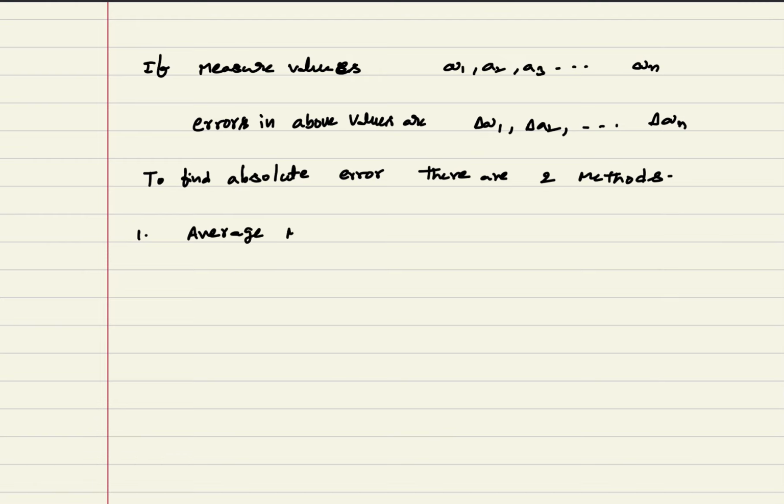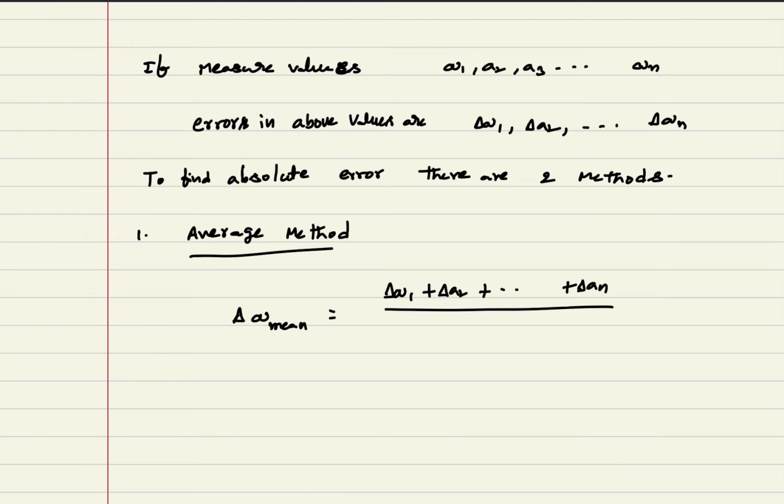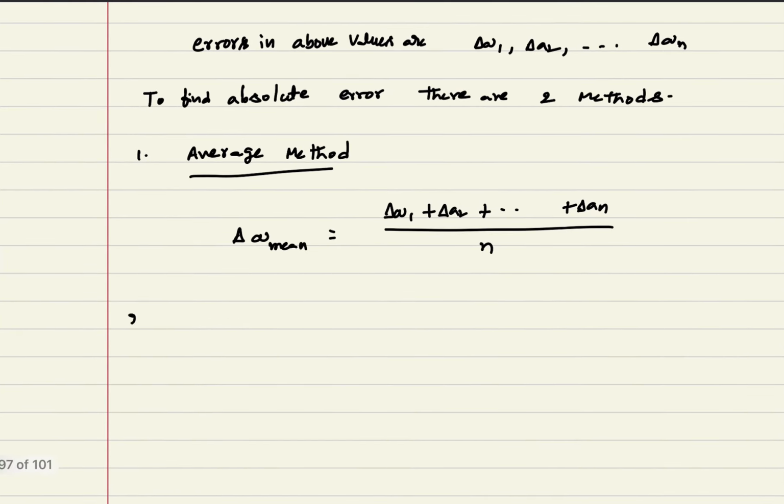First method is the average method. In this method, we can write delta A mean is equal to delta A1 plus delta A2 plus so on up to delta AN, whole divided by n. That is one method, the average method.